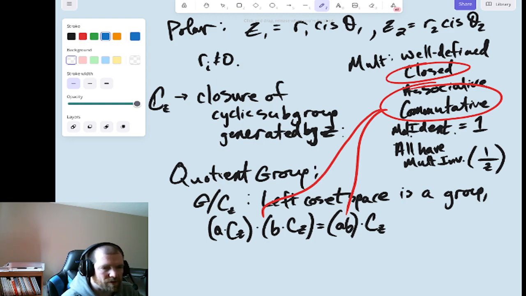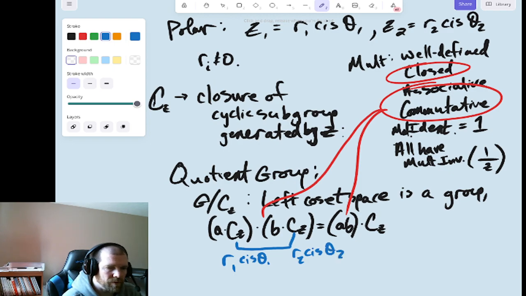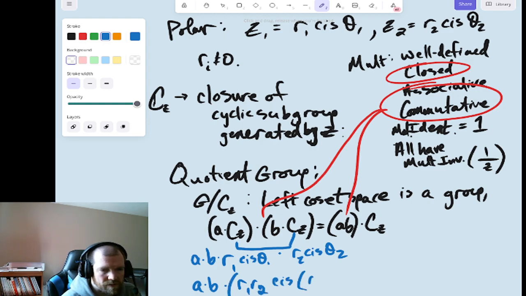Yeah, I think this works, because here you're talking about R1 cis theta 1, and this is going to be R2 cis theta 2. When you multiply them together, A times B are scalar multiplications, so they can just get knocked out to the front. This is going to be A times B times R1 R2 cis (theta 1 plus theta 2).